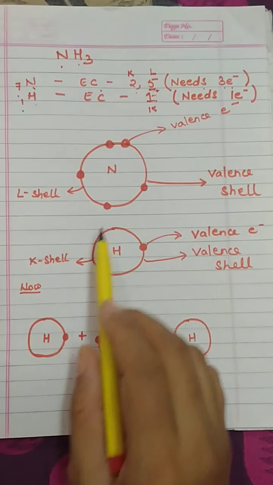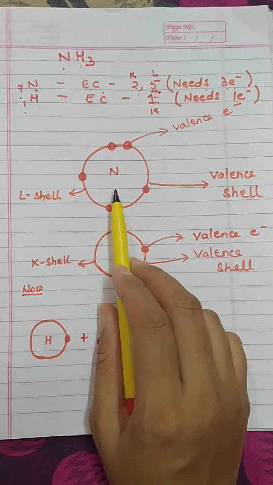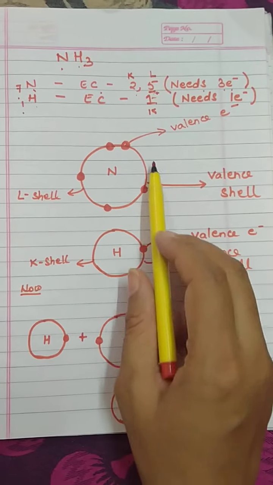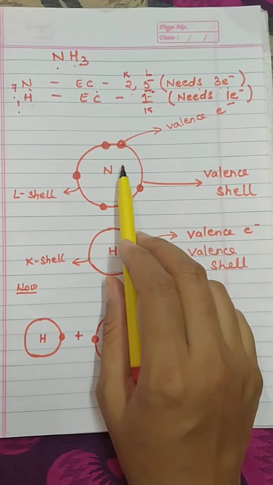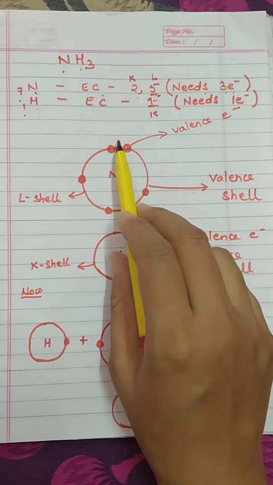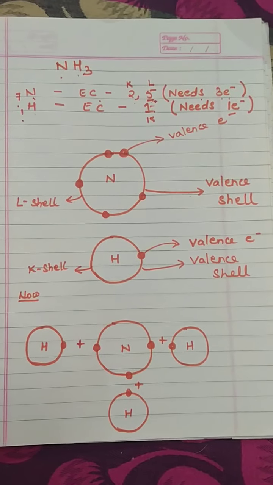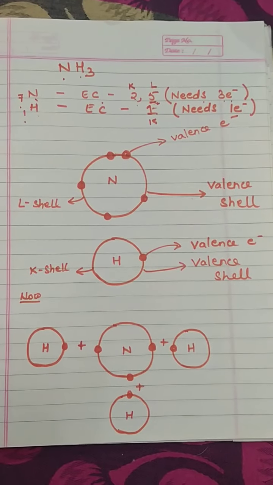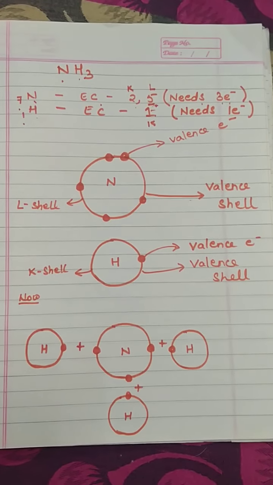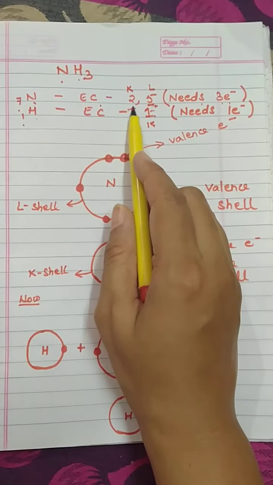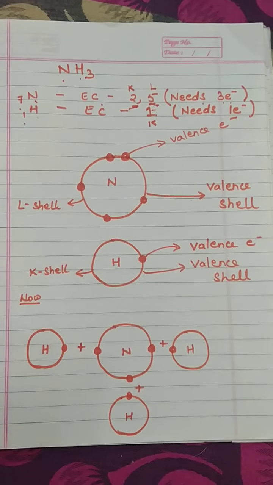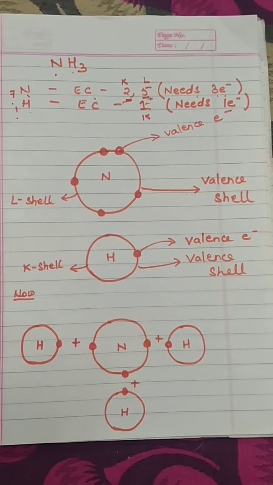Okay. Now this is the structure of the nitrogen atom, where only the valence shell and the valence electrons are shown. Whenever you are drawing the structure for a covalent molecule, we need to draw only the valence shell and valence electrons. The inner electrons are not shown in the structures.